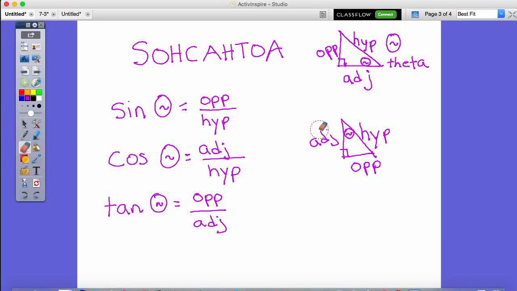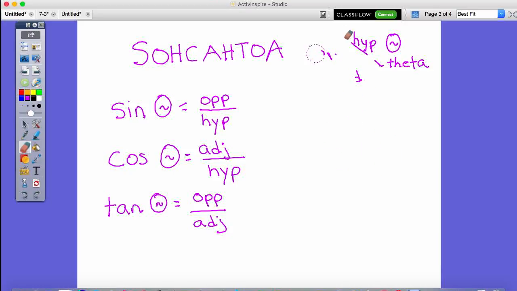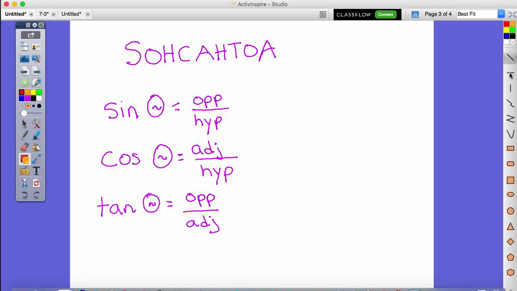So I'm going to actually draw a problem. I'm going to keep my trigonometric ratios there so that I can do some problems. And I'm going to try and make a really nice right triangle.